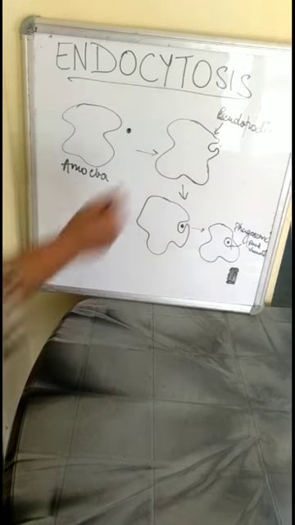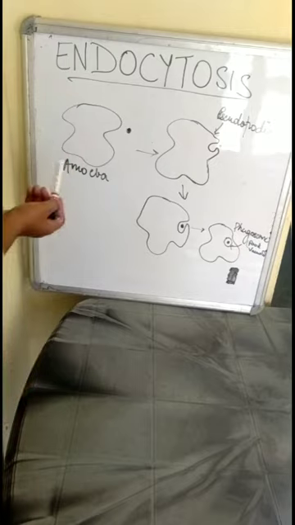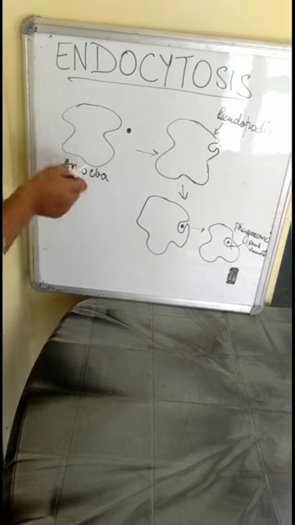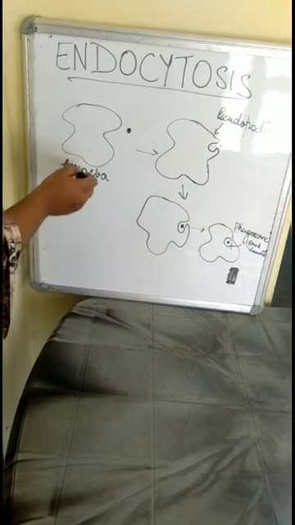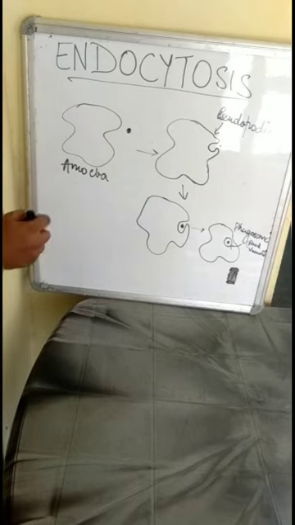Now there is another phenomenon known as endocytosis. What happens in this? As you know, the plasma membrane has flexibility. So this flexibility of the cell membrane allows the cell to engulf food or some solid material present in the environment. Take the example of amoeba.